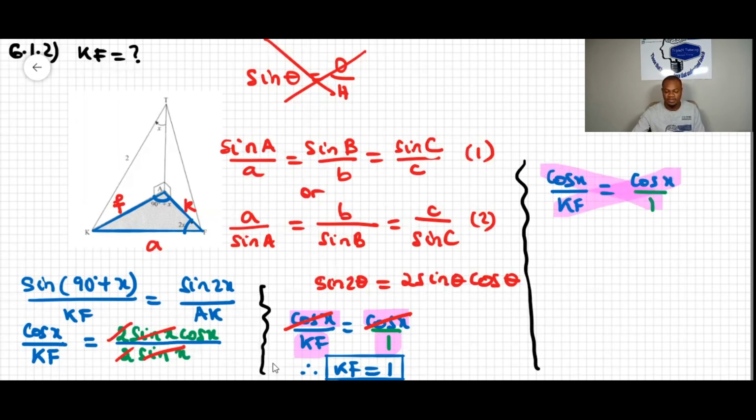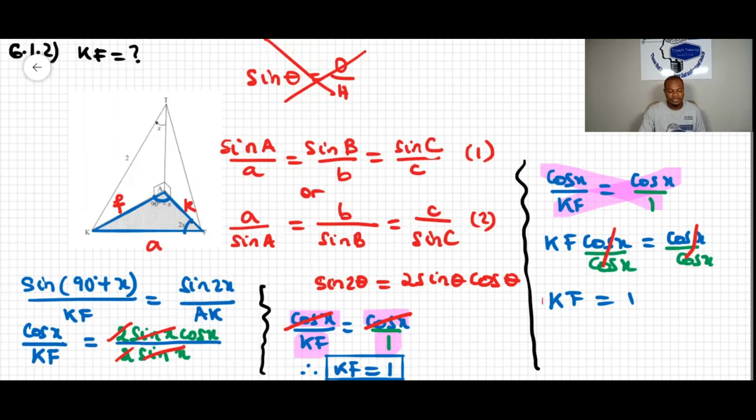So this would be KF cos x equal to cos x times 1, which is cos x. And now if I need to find KF, I must divide by cos x both sides, and this makes KF equal to 1, because we can simplify this and that, and then we are left with not 0 but 1. Okay.